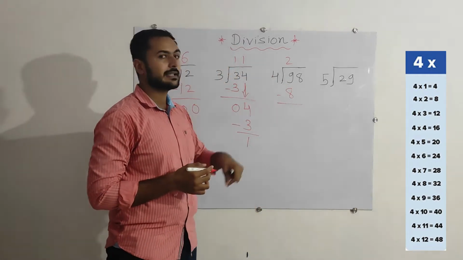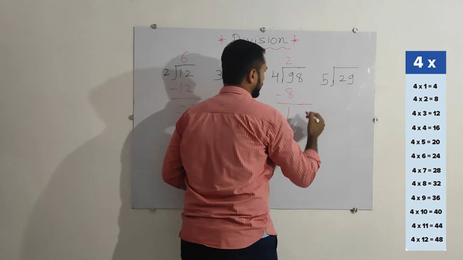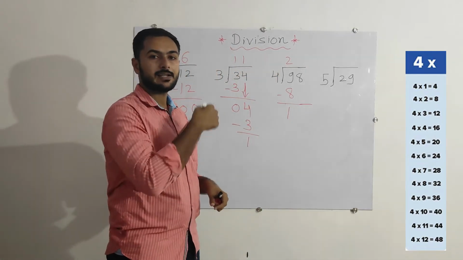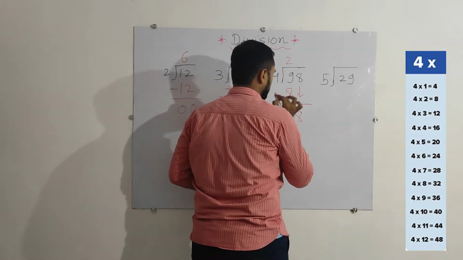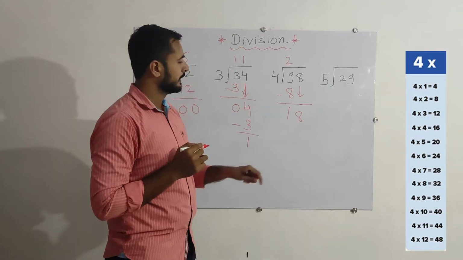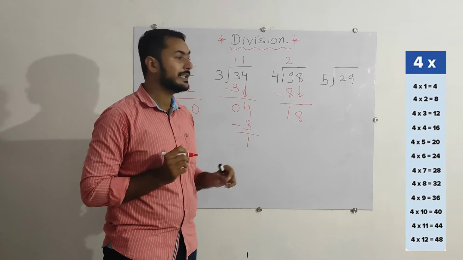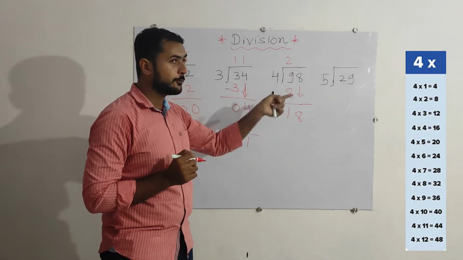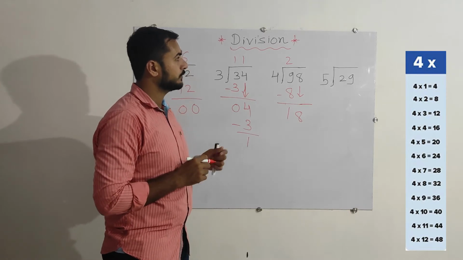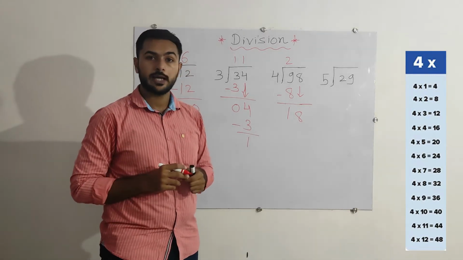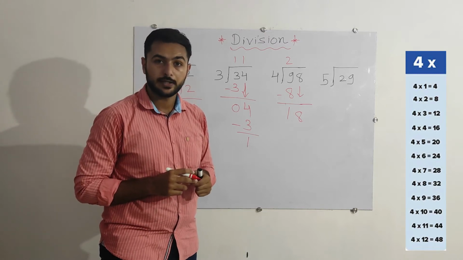So 9 minus 8 is 1. Write it down here. Now the next number we will bring downwards. Here we have the number 18. Now we have to identify 18 in the table of 4. See, 4 ones are 4, 4 twos are 8, 4 threes are 12, 4 fours are 16, and 4 fives are 20.